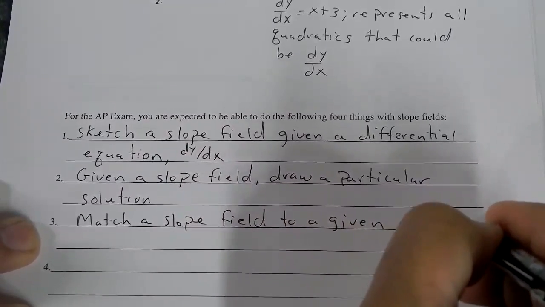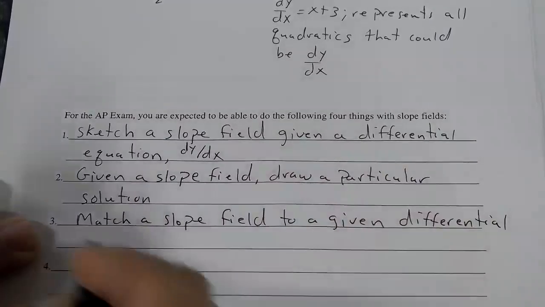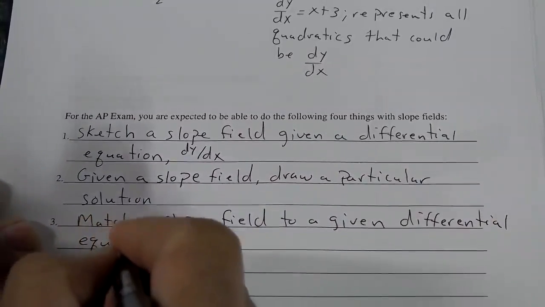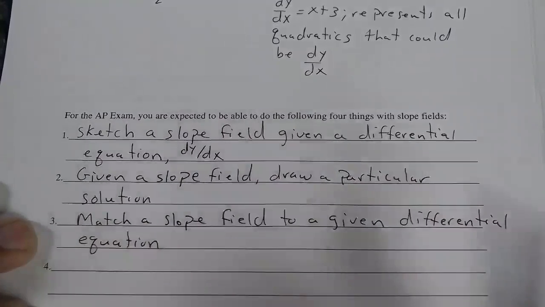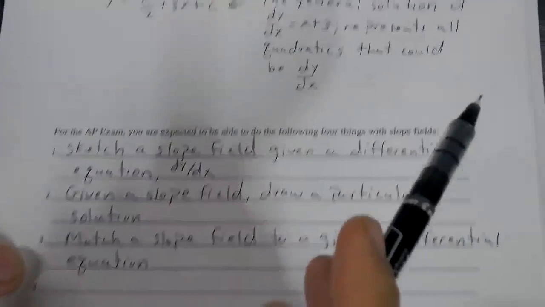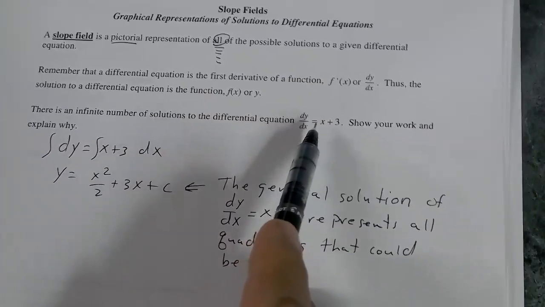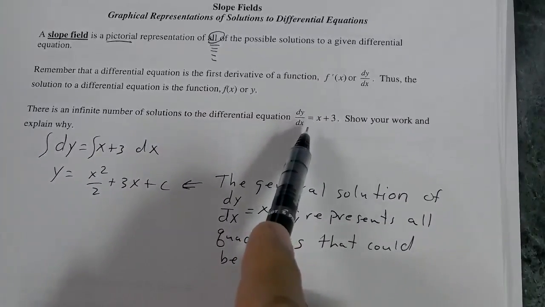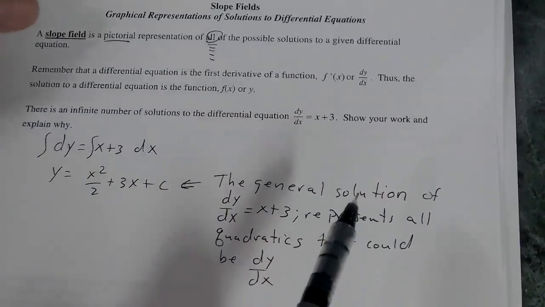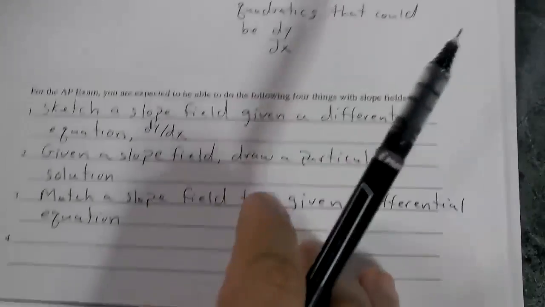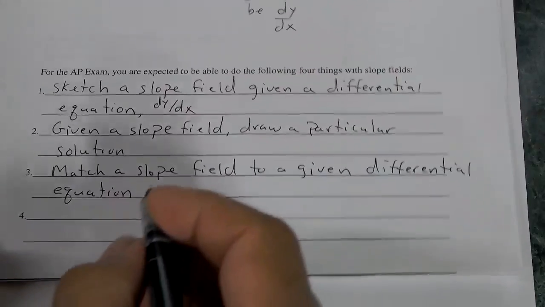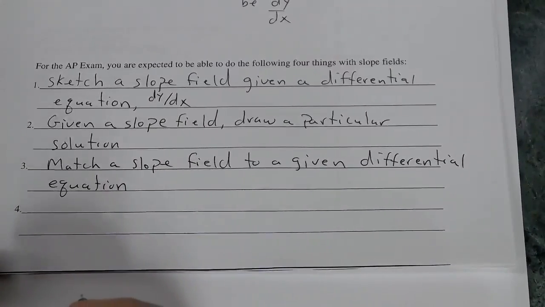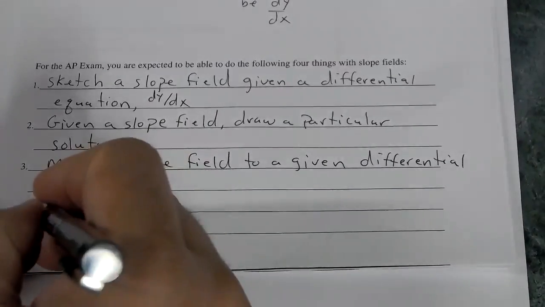So in this one, you need to match the drawing to the equation. If they gave us this equation up here, dy dx equals x plus 3, you have to match its graph. We'll get to that. And finally, match a slope field to a solution.